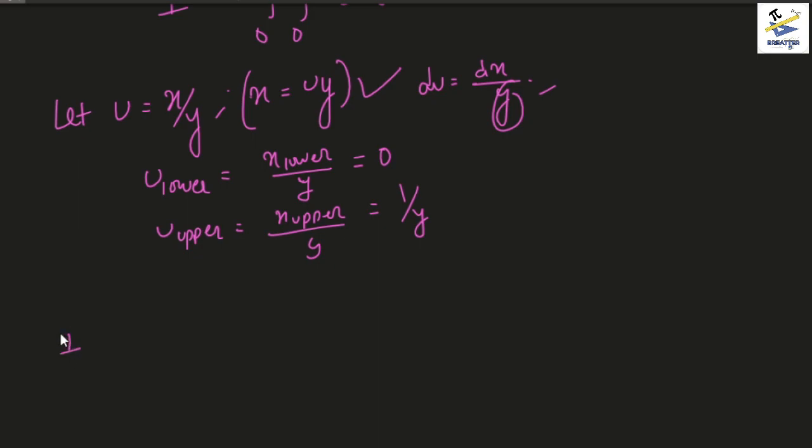So what our integral turns into is as follows: 0 to 1, the outer integral remains the same, and what we have inside is the lower limit becomes 0, the upper limit becomes 1 by y, and this thing basically becomes u.